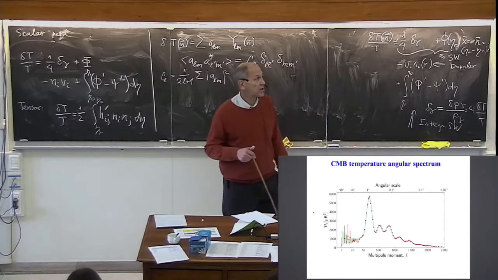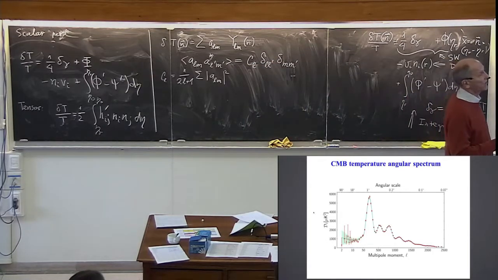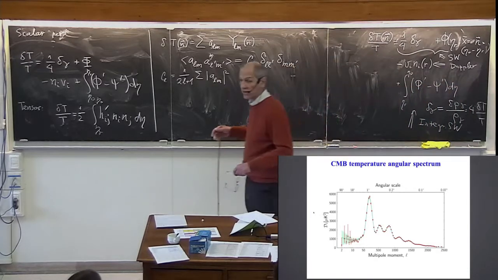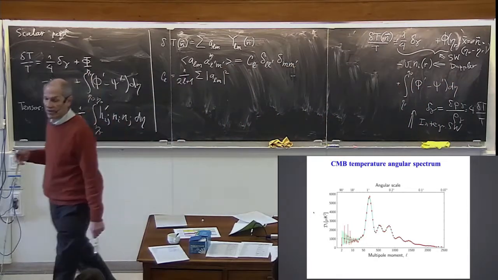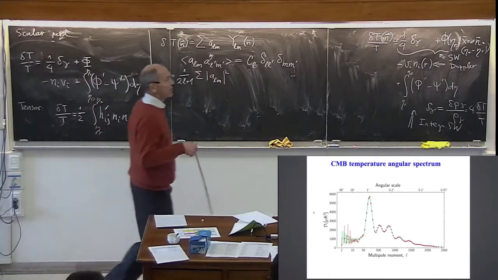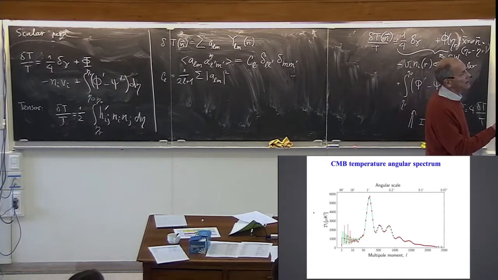It is just the fact that we are dealing with a single universe. Therefore, for the octupole, say, L equal to 3, you have only, what is it, 7 harmonics, right? So your uncertainty is huge. It's square root of 7 over 7, 1 over square root of 7, which is big. So you can't actually do better than this.